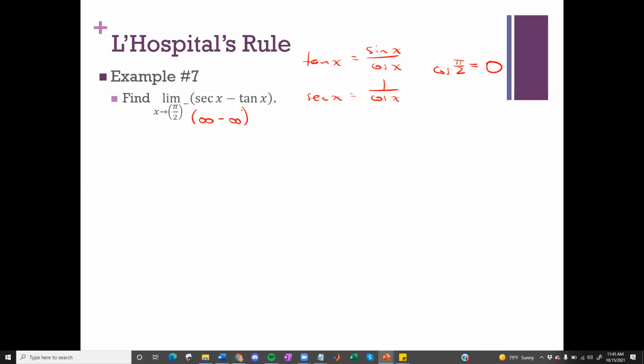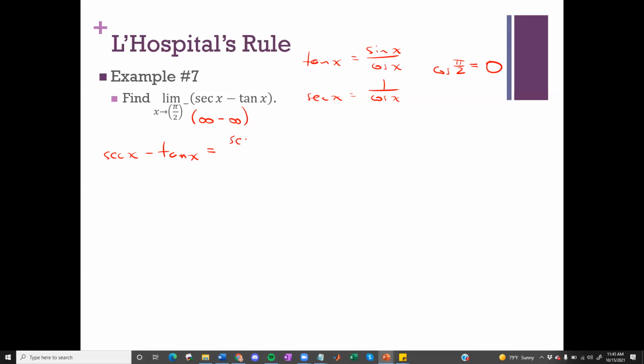Sebastian? You're saying, I mean, it's indeterminate because you have infinity minus infinity, which is not well defined. It's undefined.